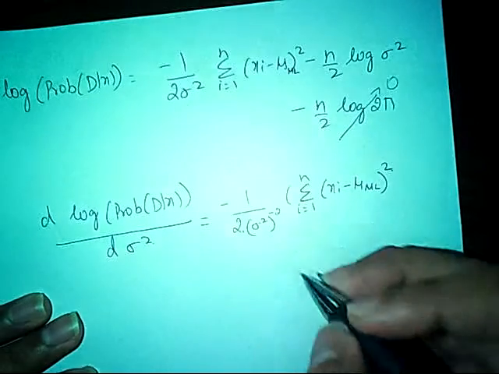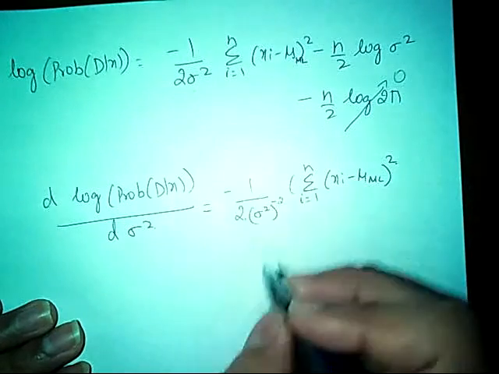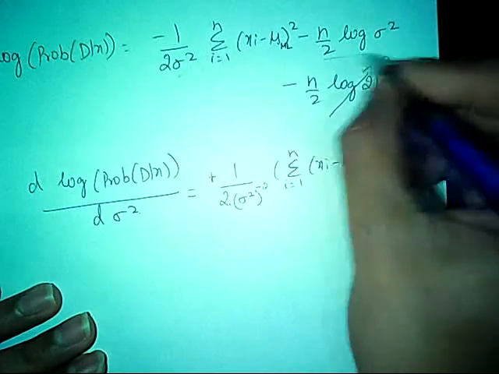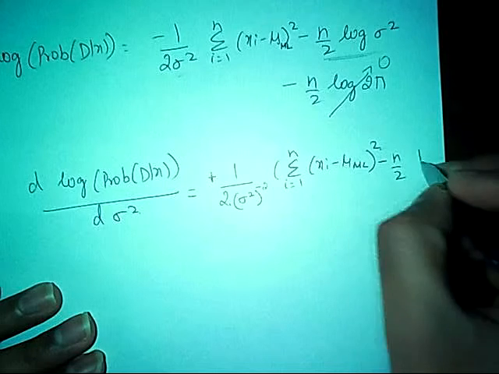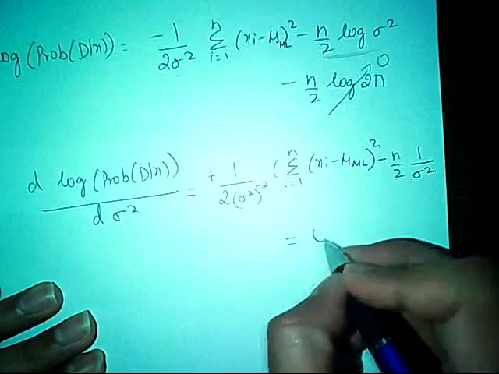And since I differentiated with respect to sigma squared, this negative sign is going to become a positive sign, and this term would become 1 over sigma squared, and I'm going to equate it to 0.